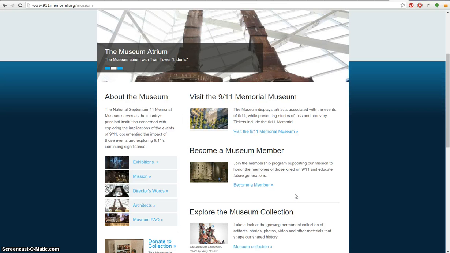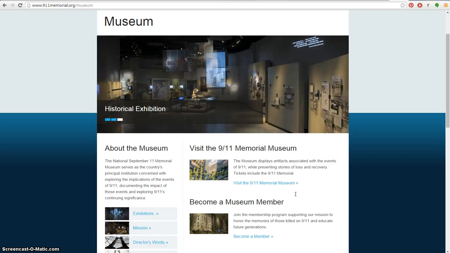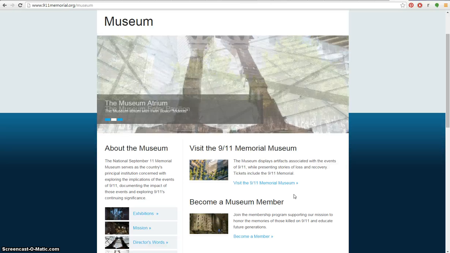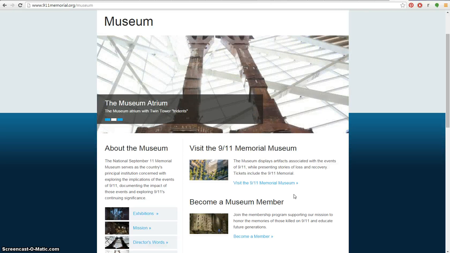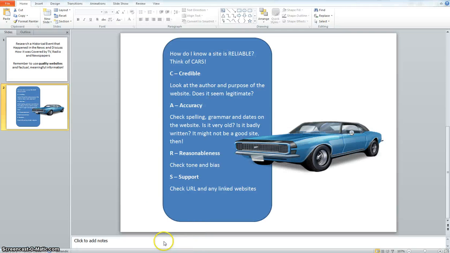Bias is something that you have to consider. Obviously, this website is going to be very pro-America. They're going to want to support America and express their sympathy for those who died. So the bias on this website is definitely for America and the American people. But in this case, since we're covering the American media, I don't think that will get in the way of your research.